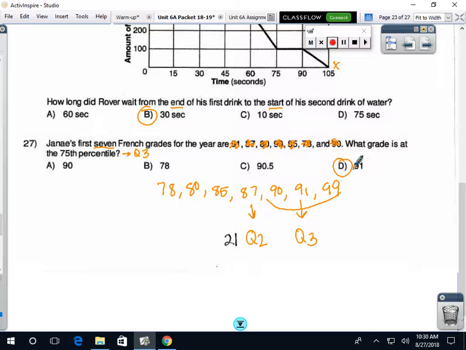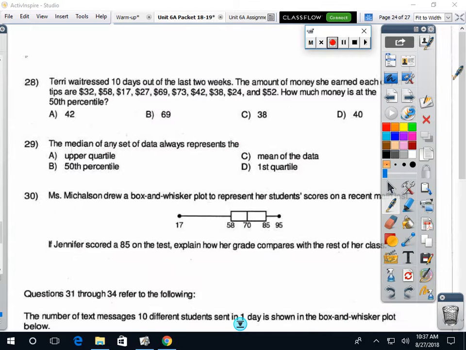Okay, now turn over to page 22. Okay, and I want you to try 28, 29, and 30 by yourself. Terry waitressed 10 days out of the last 2 weeks.